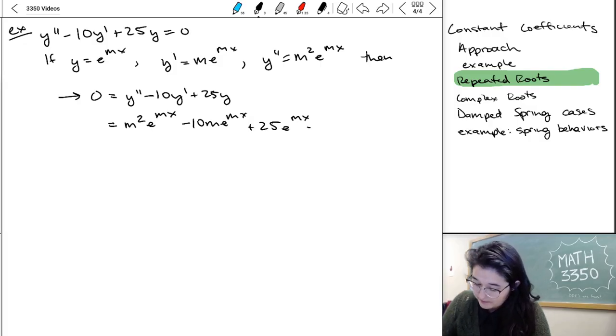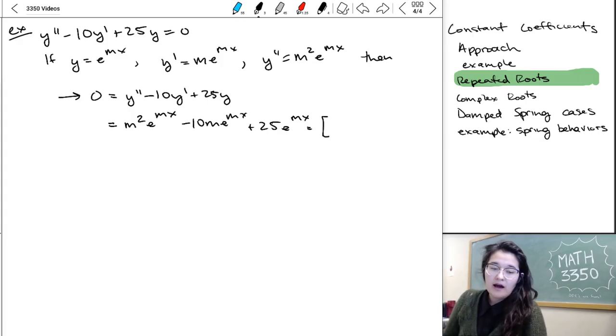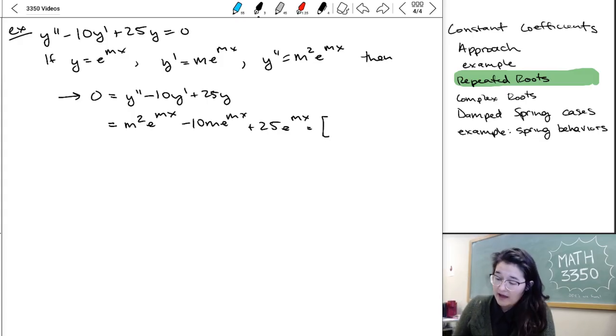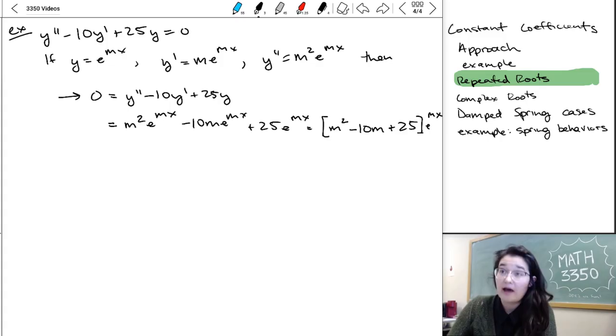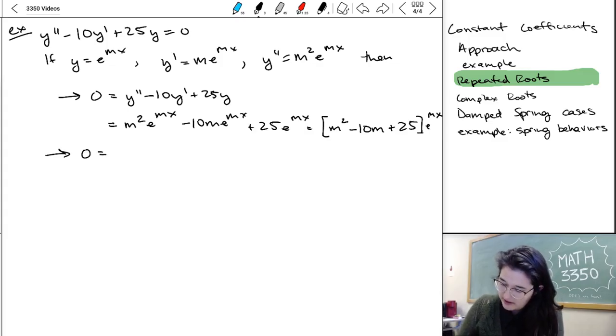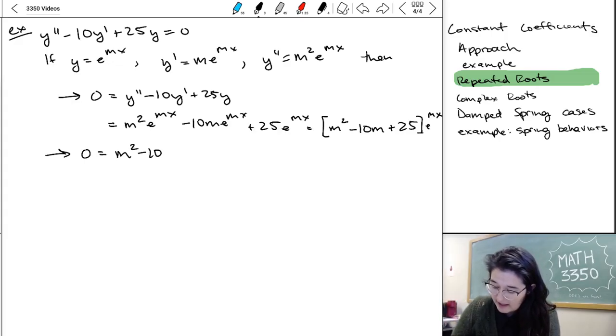And then I want to factor out that e to mx. So I've got m squared minus 10m plus 25 all times e to mx. That means I actually have to solve the equation 0 equals that part in square brackets, m squared minus 10m plus 25.